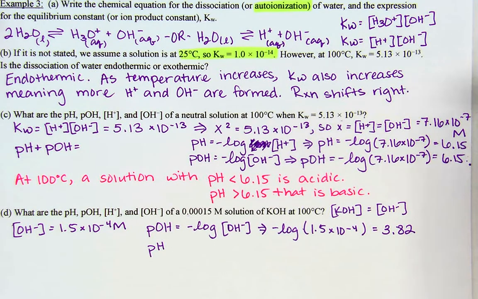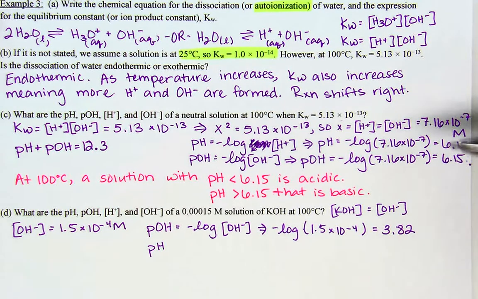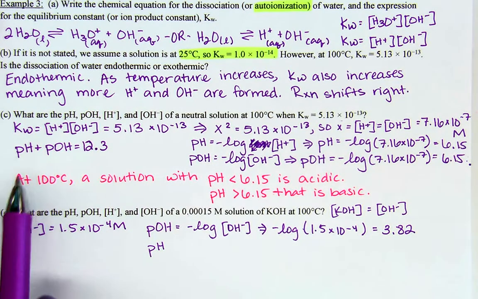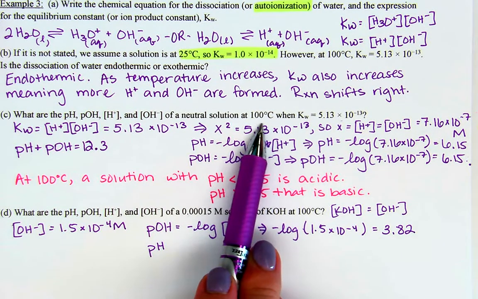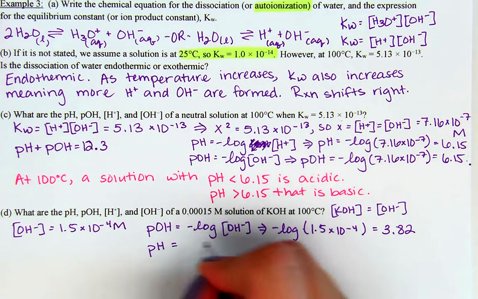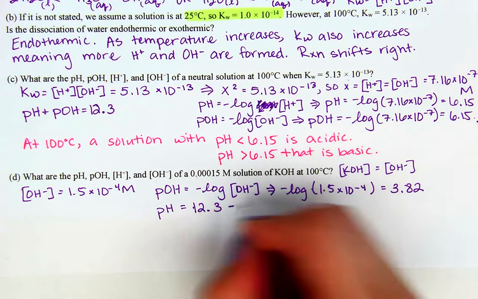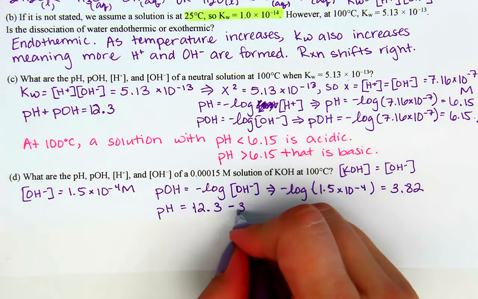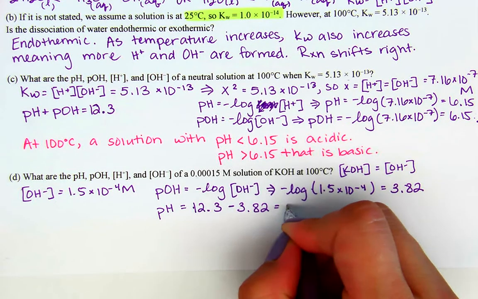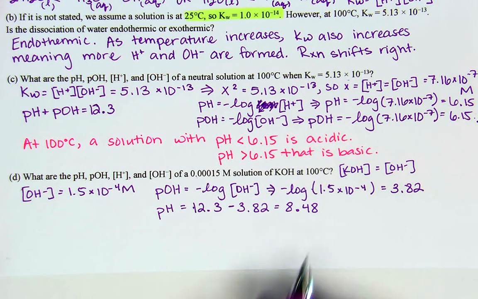So that's your pH plus pOH. We can use this definition because we already figured it out at 100 degrees Celsius. So pH equals 12.3 minus 3.82, and that should give you 8.48. Okay, so that's your pH.